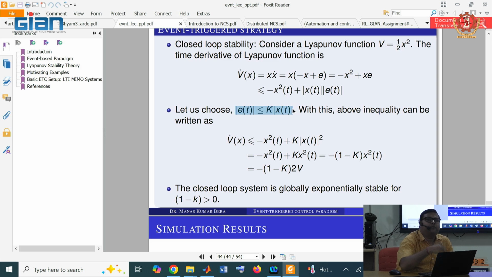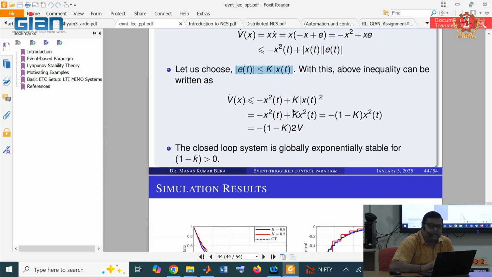Whenever it is required, you do the sampling, that is, whenever you find it is violating the stability condition, only then you trigger. Otherwise, you are sending the old measurement. Only then you send the new data and update the control.